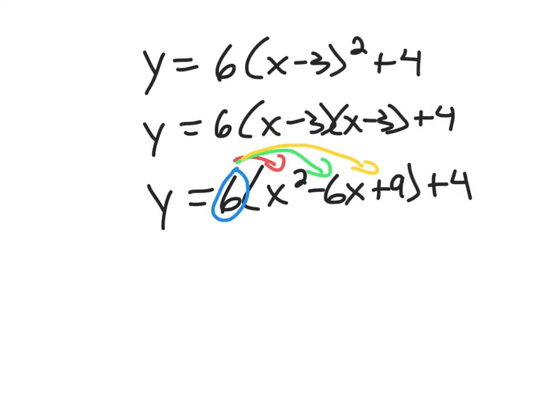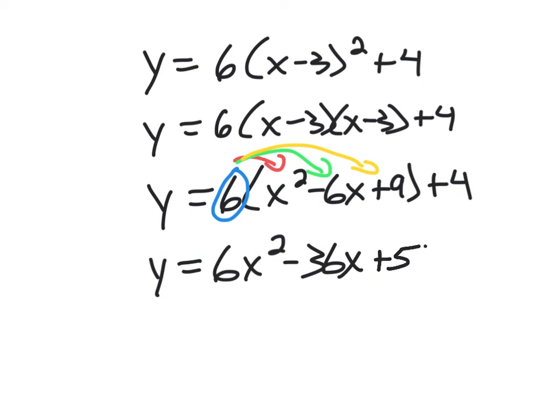So 6 times x squared is 6x squared. 6 times negative 6x is minus 36x. And then 6 times positive 9 is 54, so plus 54.